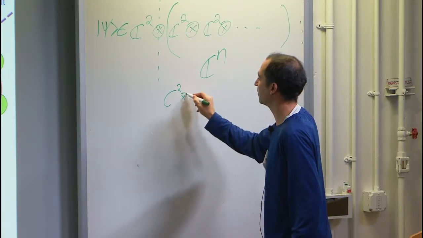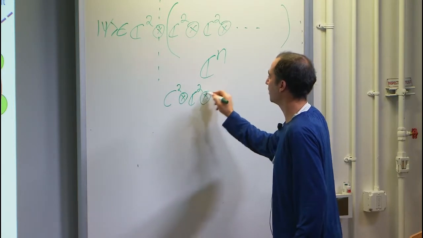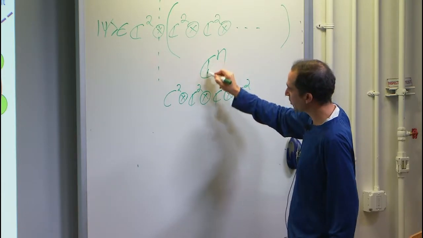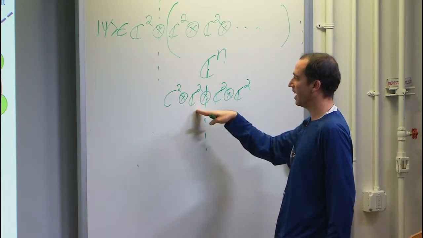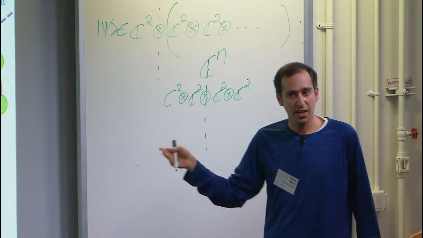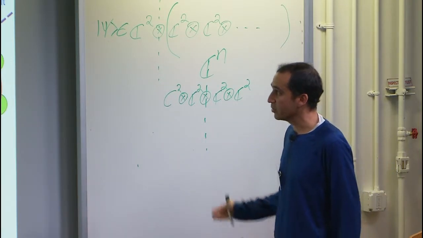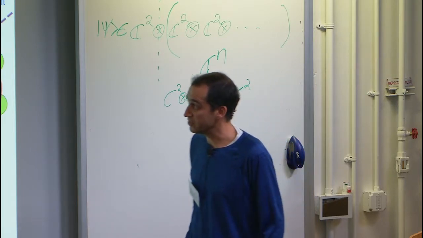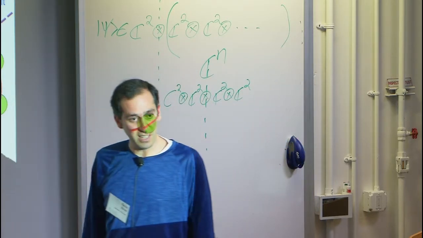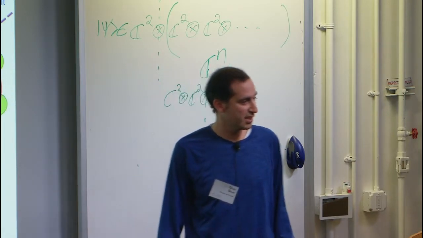So it's C^2 tensor C^2 tensor C^2 tensor C^2, and we want also the bipartite cut like that, which is 4 by 4, to be maximally entangled. So it doesn't exist. But in 5 qubits, it does exist, and it's unique. There exists only one such state.